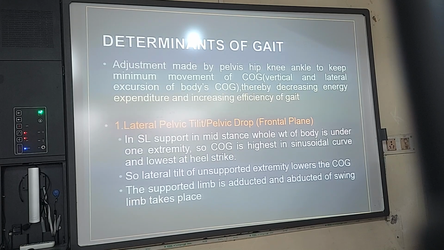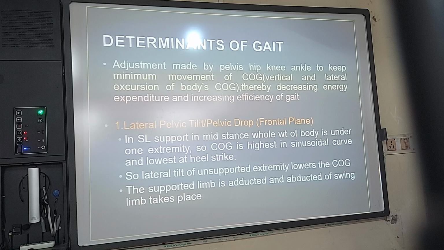What happened here is this drop is responsible for bringing about an adduction movement of my supporting leg and abduction movement of my swinging leg, the unsupported leg, and is responsible for contributing to the maintenance of this COG, from dropping or from the drop to the height, near the horizontal, that is near the average. To maintain it near the average, there is some kind of adjustment happening.